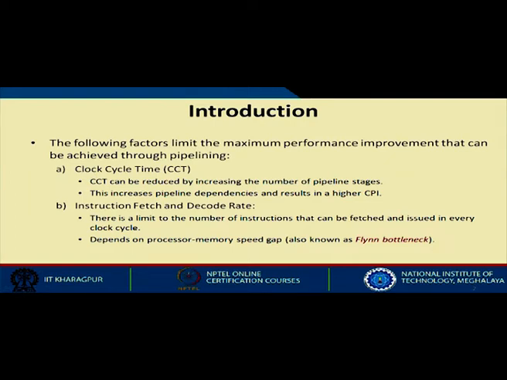In a pipeline, if you can make the clock cycle time faster, then obviously your instructions will execute faster, you can issue instructions at a faster rate, and this clock cycle time can be reduced by making the pipeline stages simpler, which means increasing the number of stages. But if you increase the number of stages, there will be one difficulty.